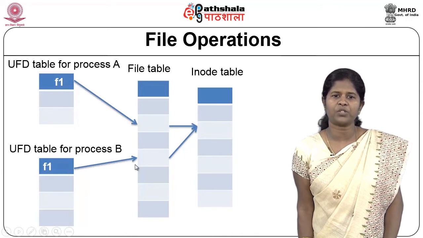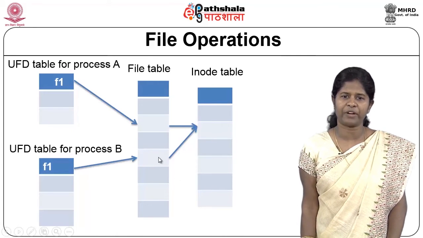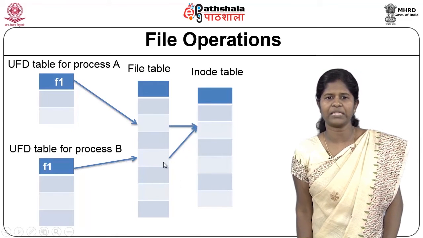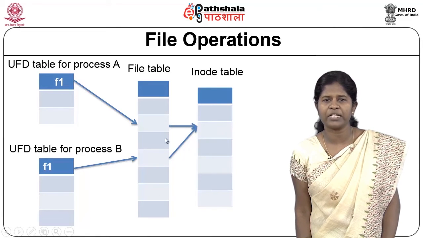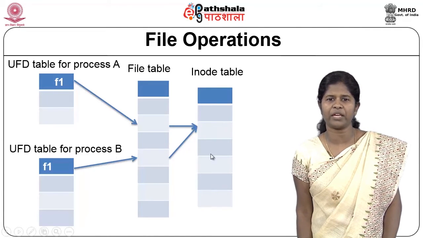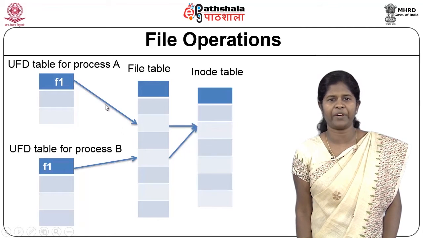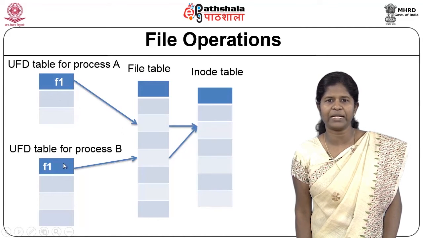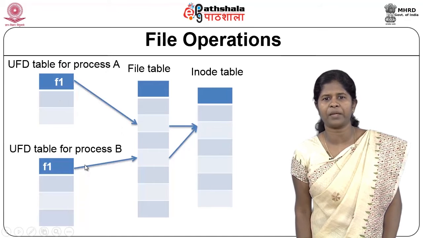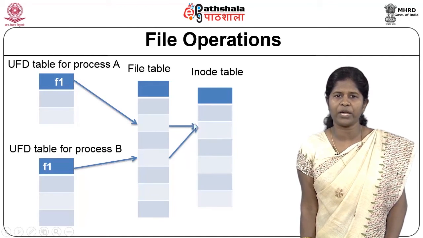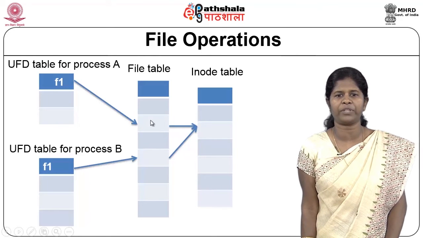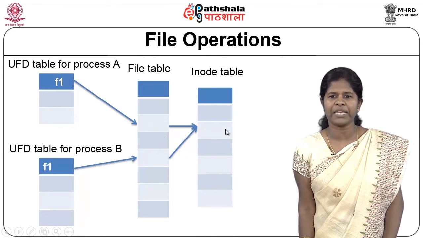That will point to an entry in the file table, and that in turn will point to the same entry in the inode table, because it is the same file. F1 is the file that is opened by A as well as by B, and hence the pointers from the file table point to the same entry in the inode table.